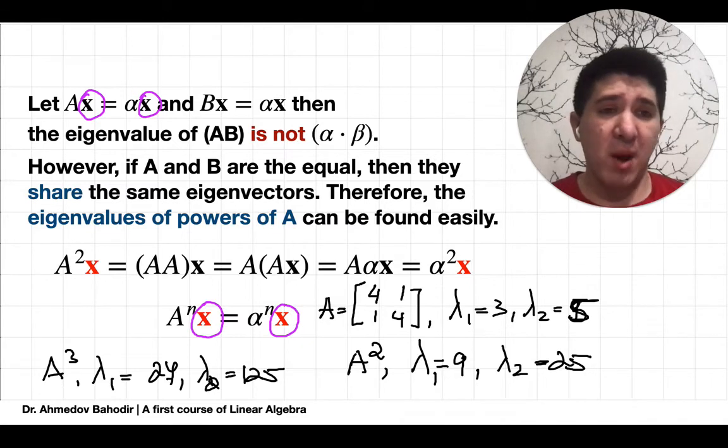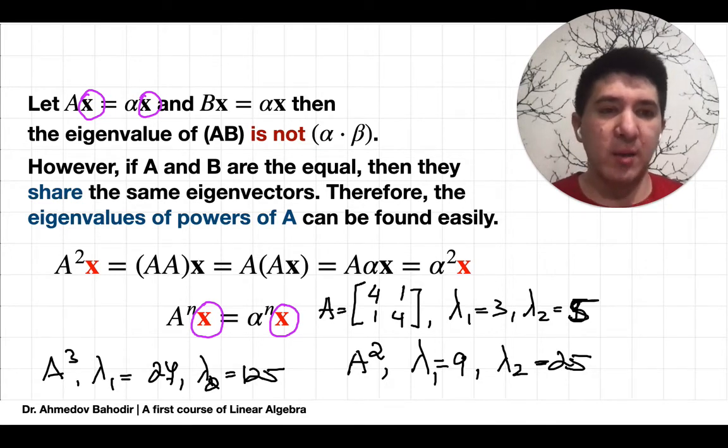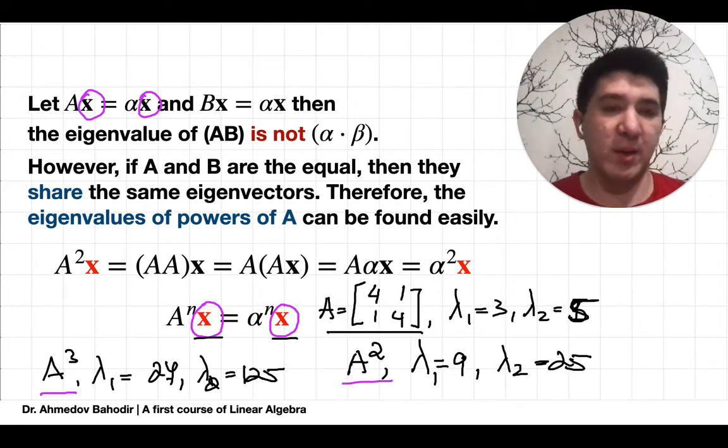So I just need to power up the eigenvalues. I don't need to multiply the matrix by itself many times, then solve the eigenvalue problem separately every time. And also, please note that the eigenvectors are going to be the same. The eigenvector of this matrix is going to be the same for this matrix or for this matrix.